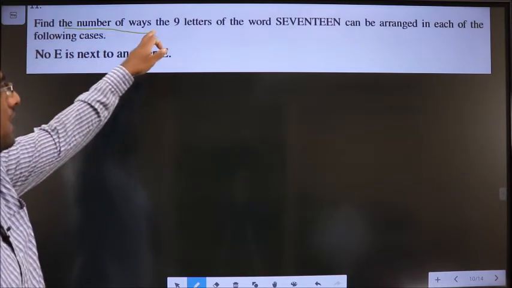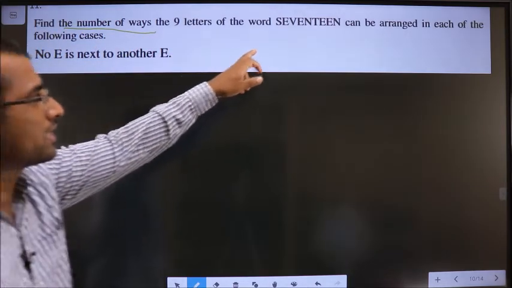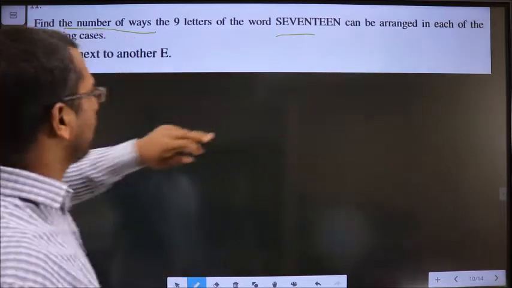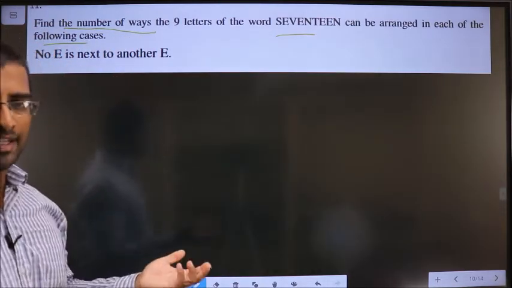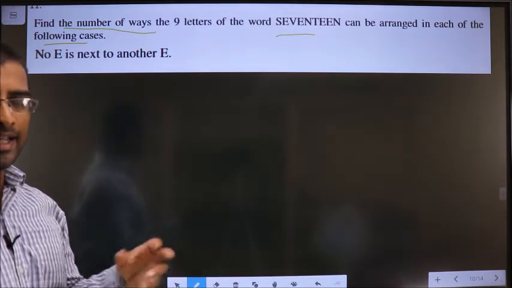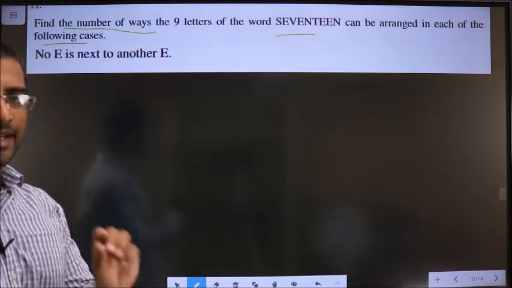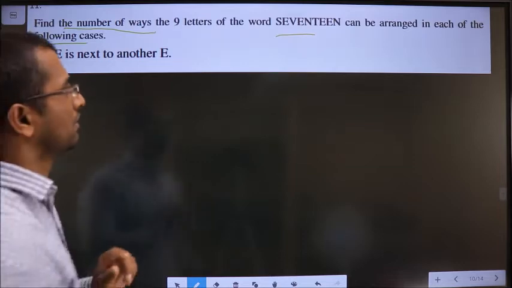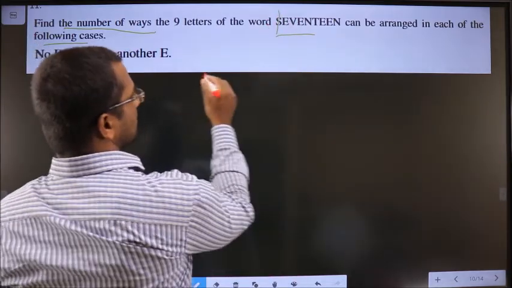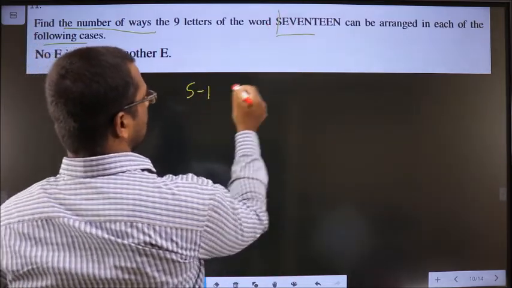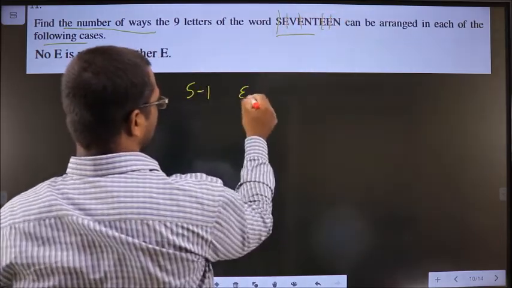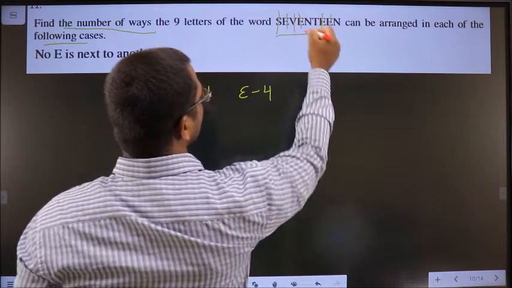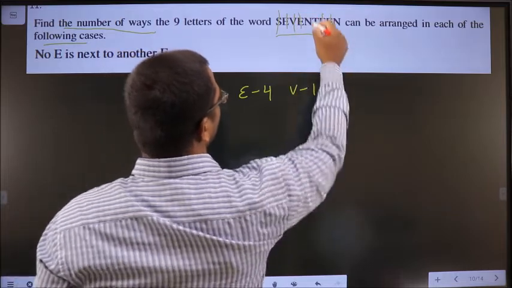Question 5. Find the number of ways the 9 letters of the word can be arranged in each of the following cases. Whenever you come across a word, write how many times each letter has come. It is a good practice. So, S has come once. E is present 4 times. V is present once.